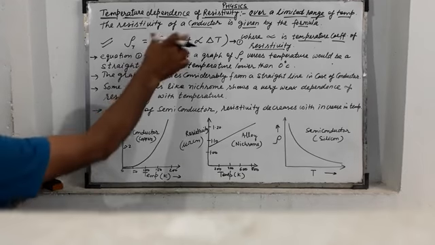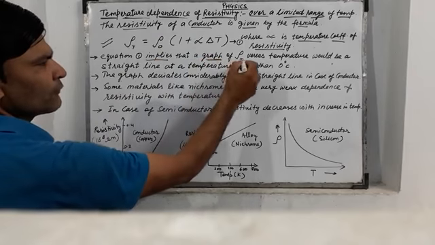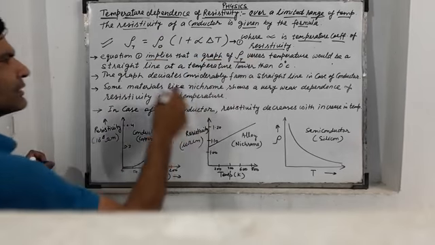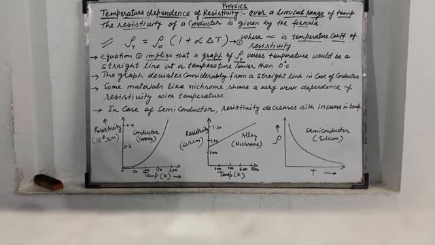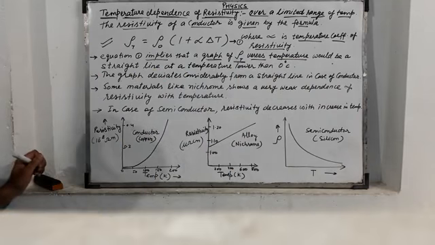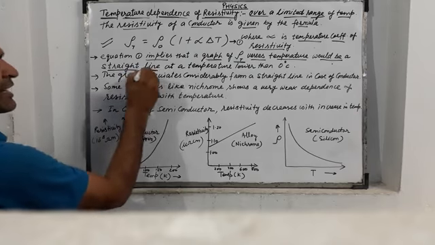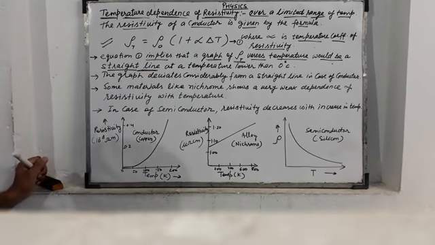From equation 1, this implies that a graph of rho T, meaning resistivity, versus temperature would be a straight line. Remember this.